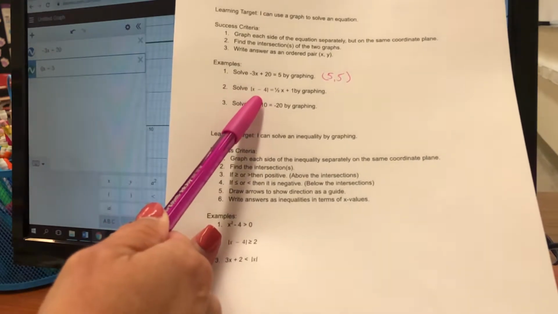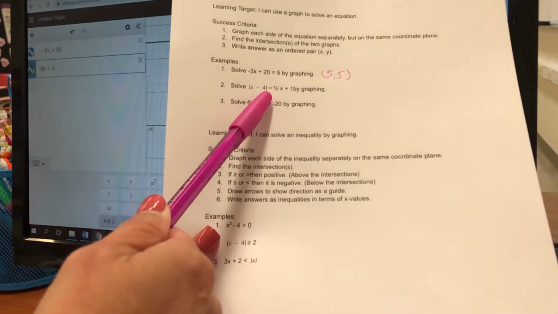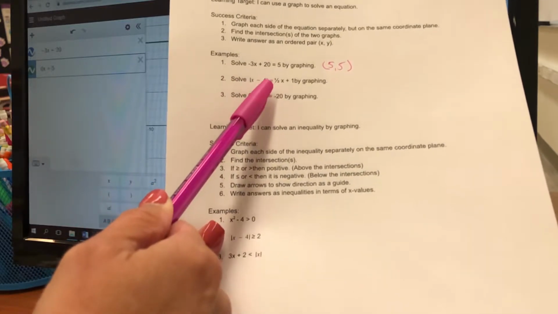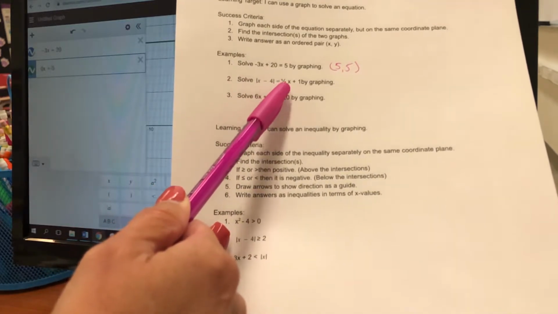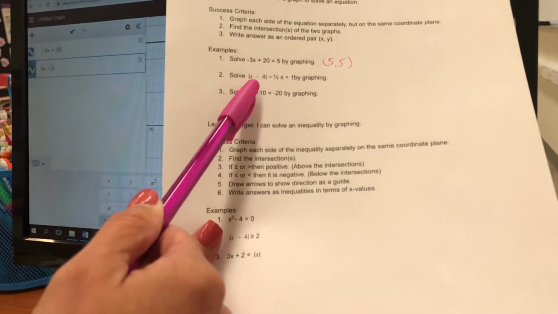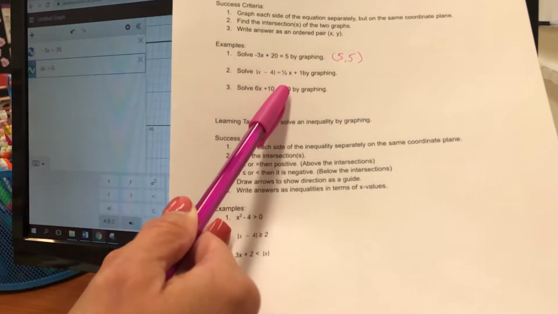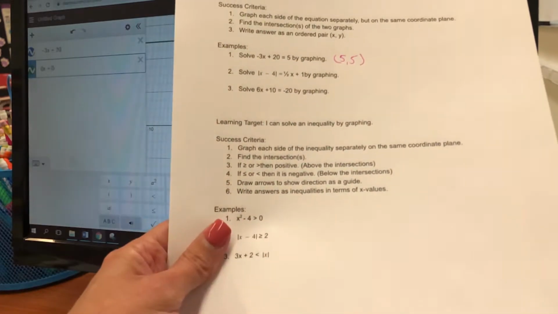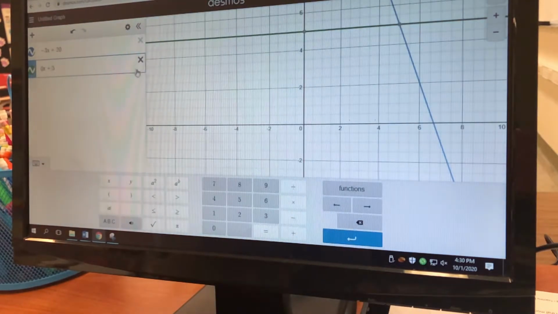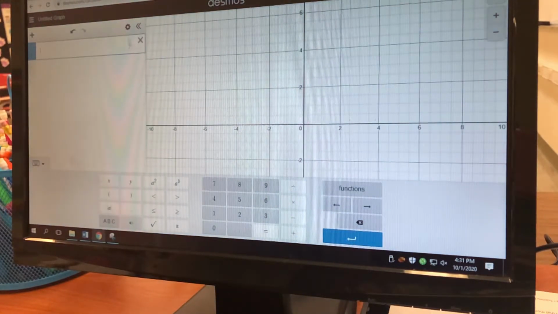Okay, let's try this one. The absolute value of x minus 4, that's my first equation, that's my first graph there, and then equals 1/2 x plus 1, so that's my second graph. I'm going to see where these two graphs intersect, and that ordered pair will be my answer. So let's try it. I'm going to X these out.